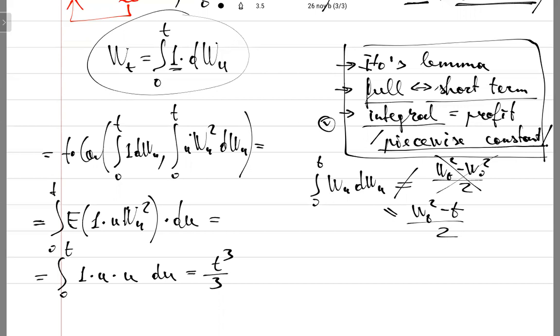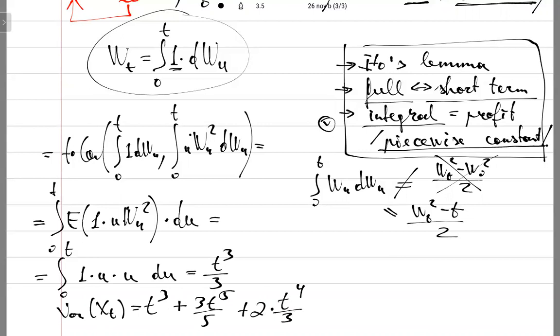And final answer, if I collect all the terms, the variance of XT is t to the power 3 plus 3t to the power 5 over 5 plus 2 times t to the power 4 over 3.